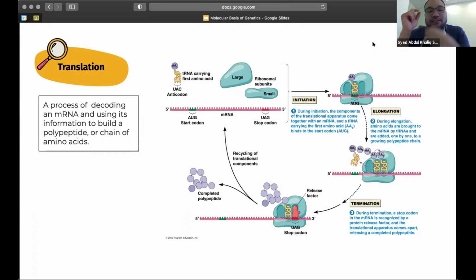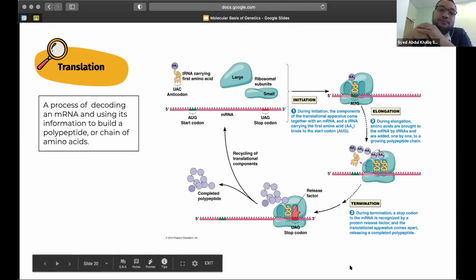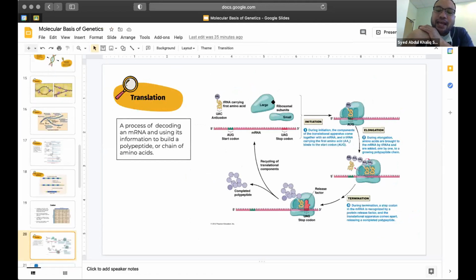Actually, China is very advanced. Actually, we look down on them, but they are very advanced. So even by mid-December, they had already got the coding, the DNA sequence of the SARS-CoV-2 virus.